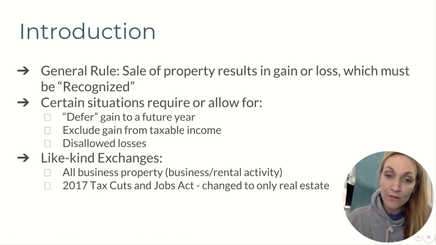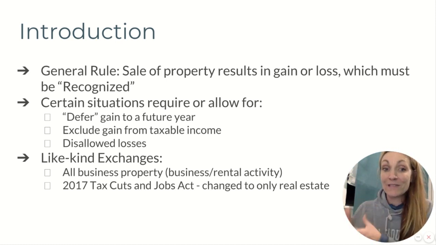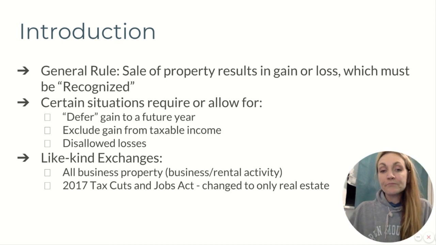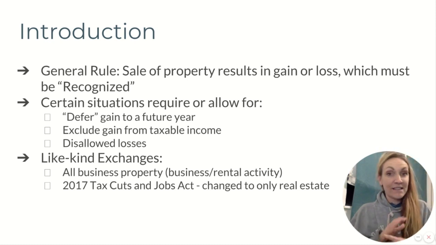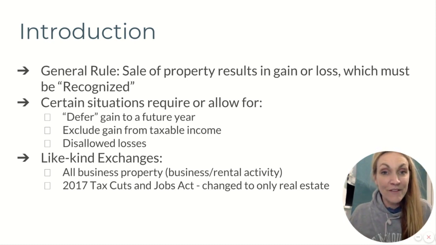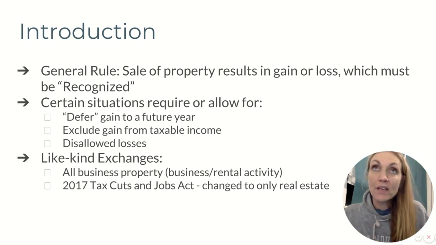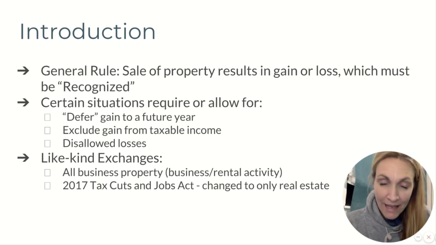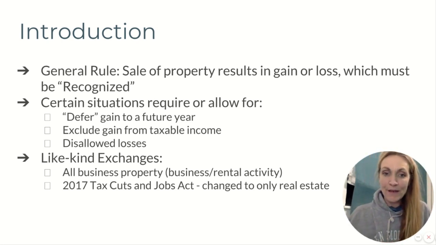So real estate includes land, residential or commercial, as long as it's being used for a business or rental purpose. The other thing to keep in mind is that it only applies to these types of assets. It doesn't apply to any other types of assets, and it doesn't apply to real estate or land that's outside of the U.S. It has to be inside of the U.S.